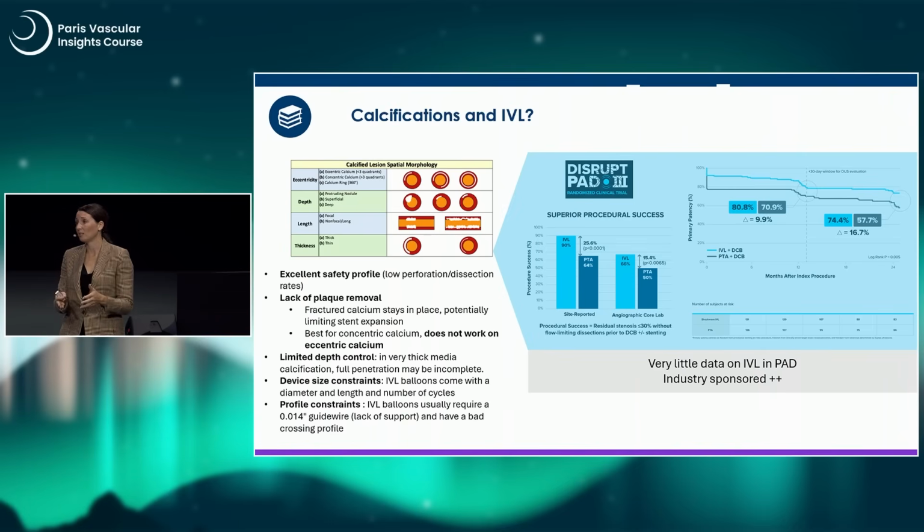You've got a number of cycles. And if it's not enough, let's face it, it's already really costly. So you might not want to use a second IVL balloon or another device to debulk. And there's profile constraints as well, because it's a 014 guide wire that you're going to use, and maybe you might not even cross with the profile of the IVL balloon. That's also something that we can worry about.